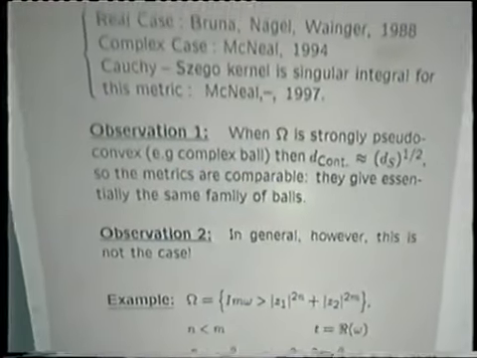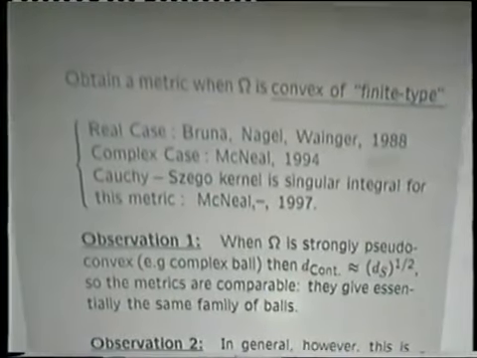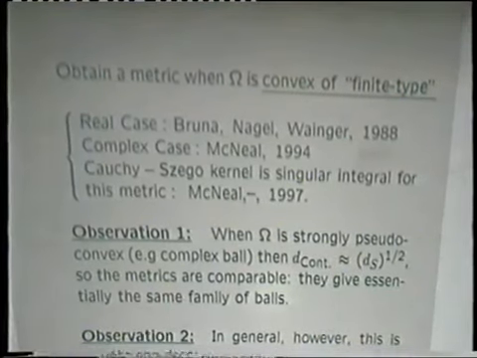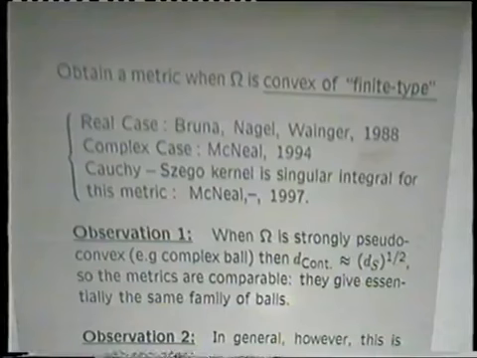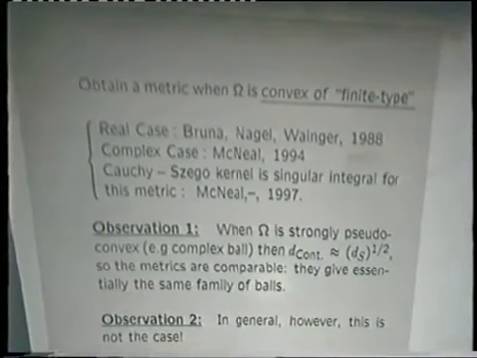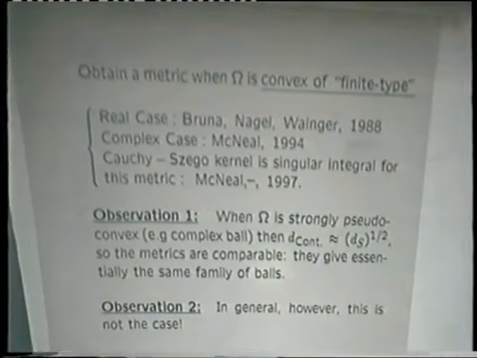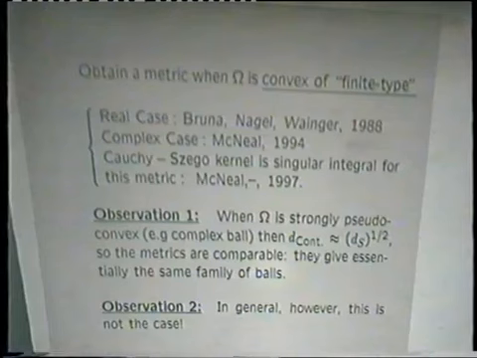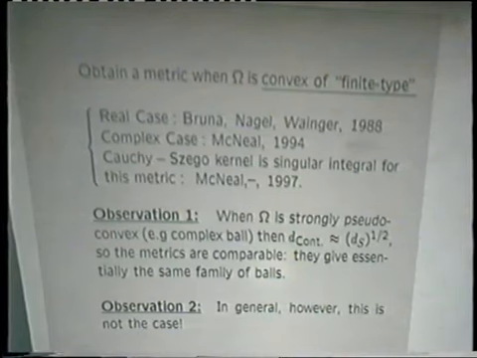Now I want to point out that when omega is strongly pseudo-convex, for example, a complex ball, then even though these two metrics are different, they are essentially equivalent because they give the same balls. The balls in one metric are merely a reparameterization of the balls in the other metric.